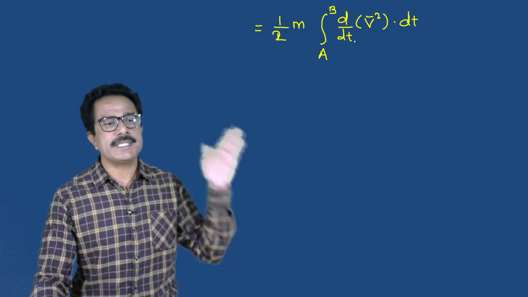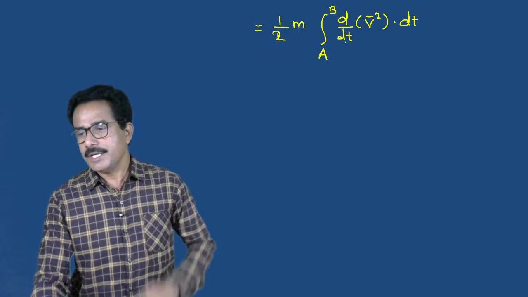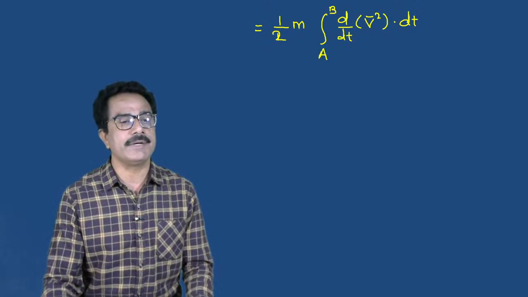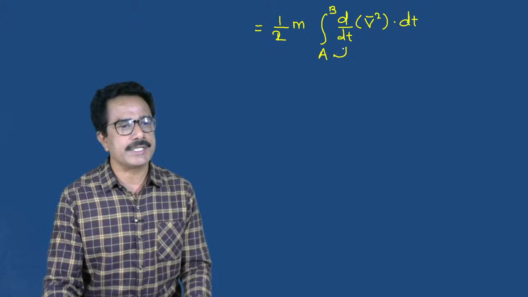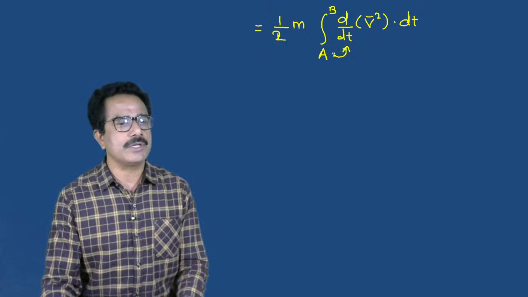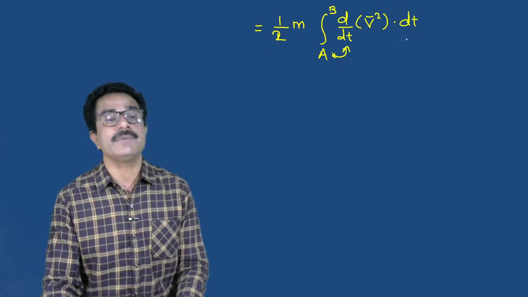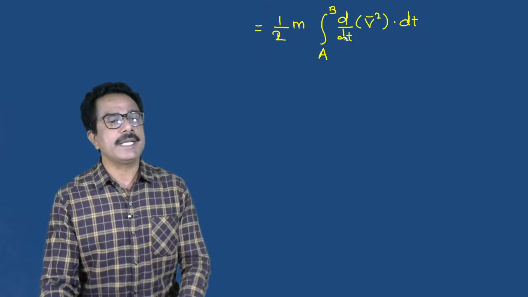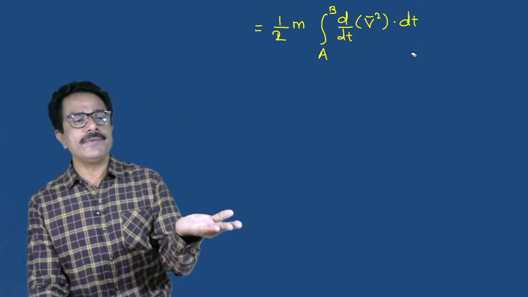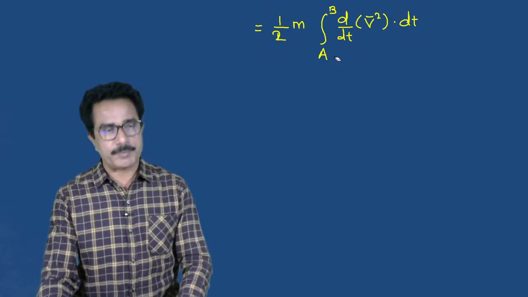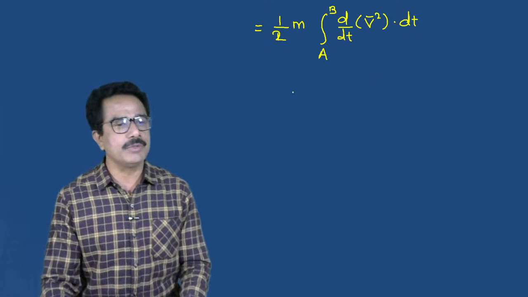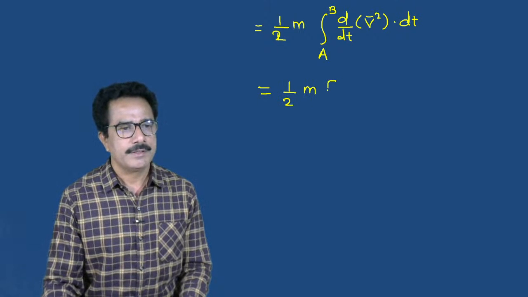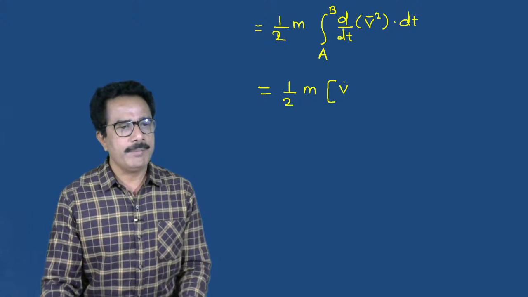So we can remove this integration with respect to t and derivative with respect to t, as both are inverse processes of each other. Then we get 1 by 2 into m, this is v bar square.